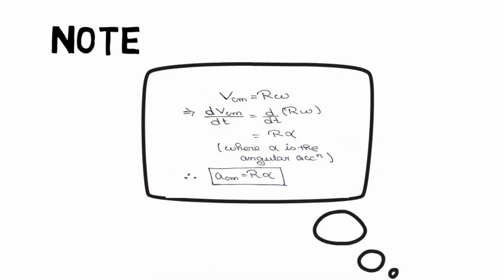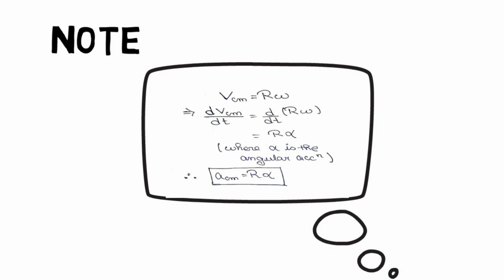So now we have got that VCM equals r omega is the condition for the disk to execute pure rolling. Now we will take a closer look. What if we differentiate both sides with respect to time? You'll get d/dt of VCM equals d/dt of r omega.